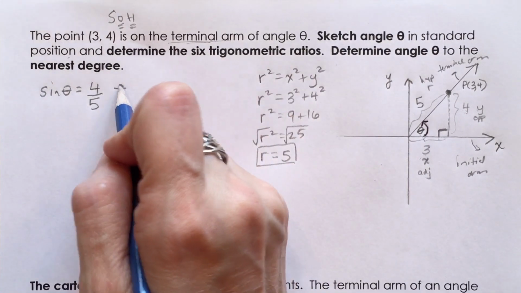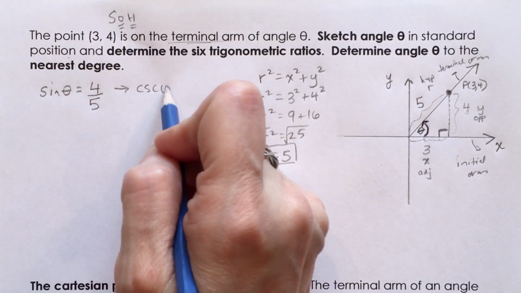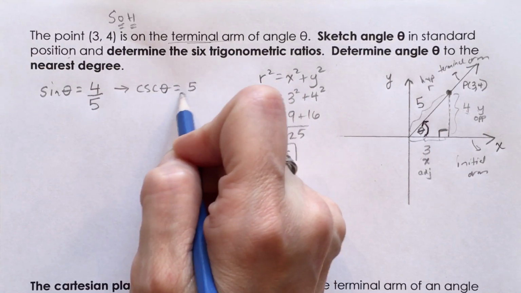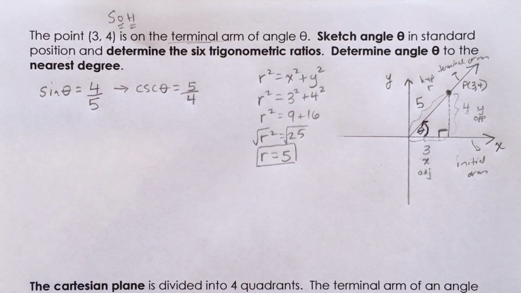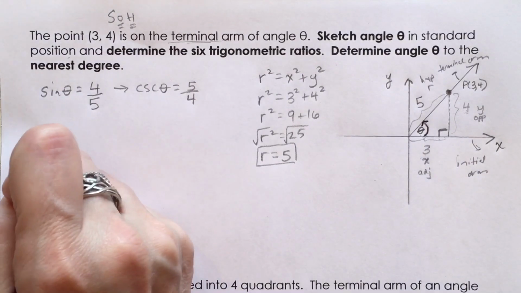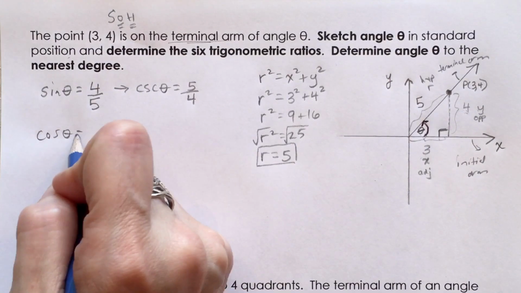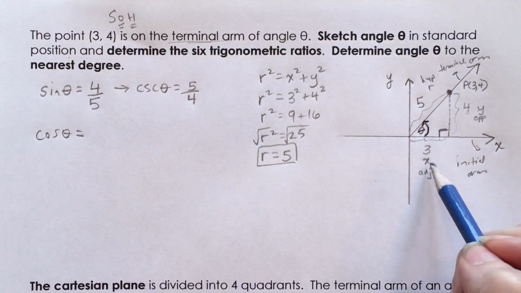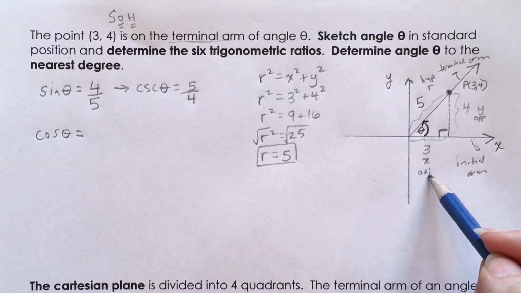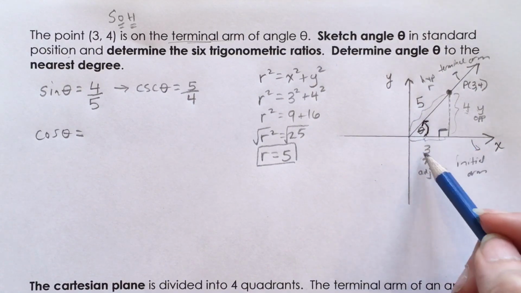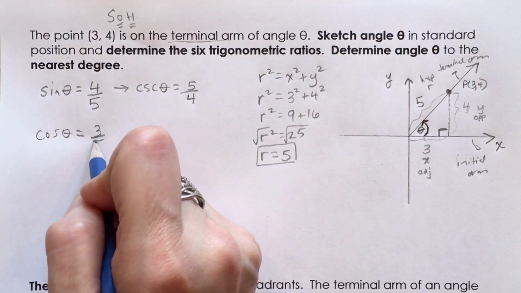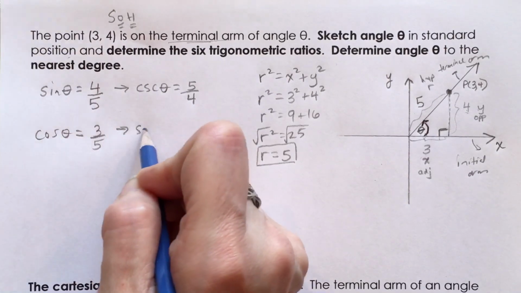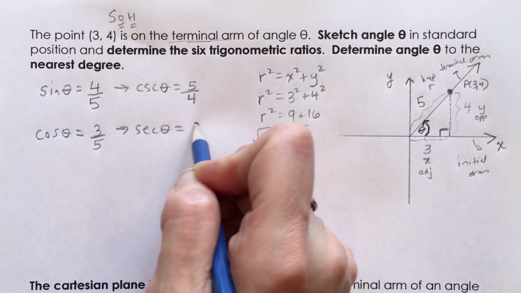And then immediately we would know the cosecant of angle theta is 5 over 4, or r over y. Then the cosine of angle theta is x over r. Last year, adjacent over hypotenuse is here x over r, so 3 over 5, which means the secant of angle theta is 5 over 3.